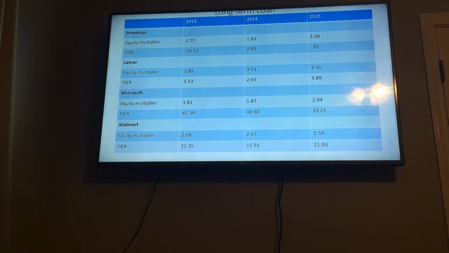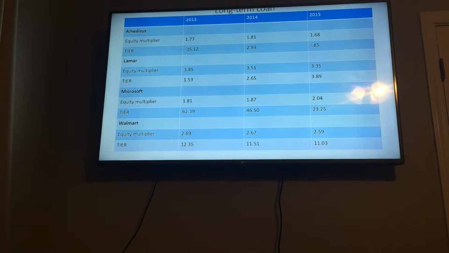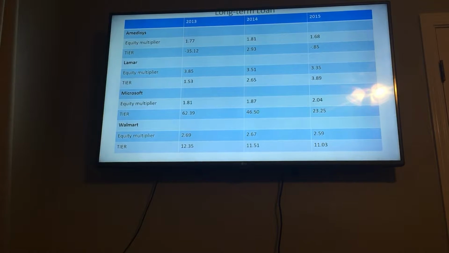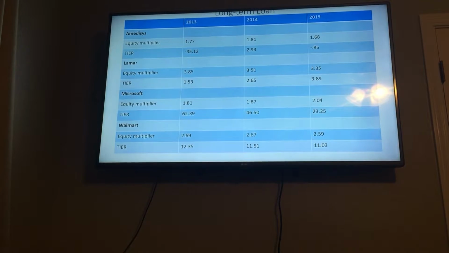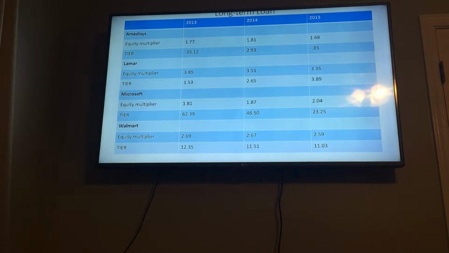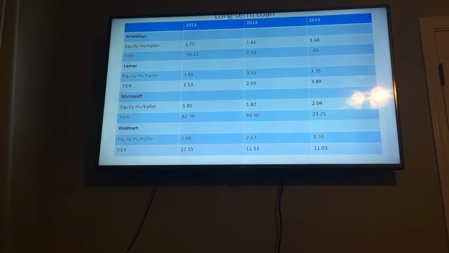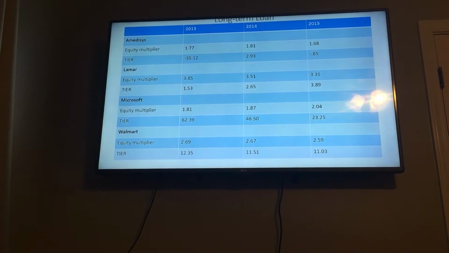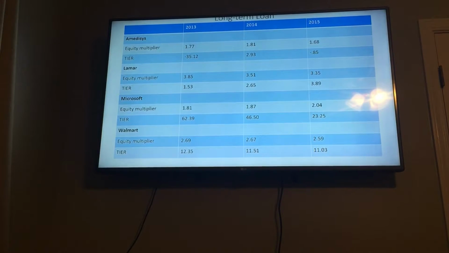And looking at the times interest earned ratio, it's calculated by dividing earnings before interest and taxes by interest expenses. This shows the company's ability to pay the interest that it owes on its debt.